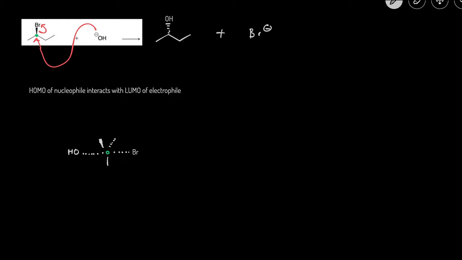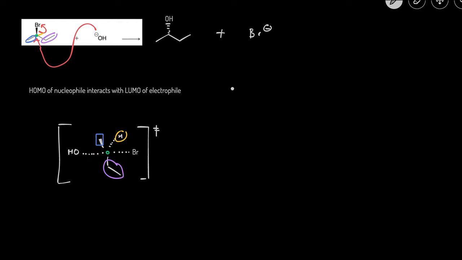So we can have the methyl group here, the hydrogen here, and the ethyl group down here. And then to show it's a transition state, we'll just wrap this in a bracket and then put the transition state symbol.